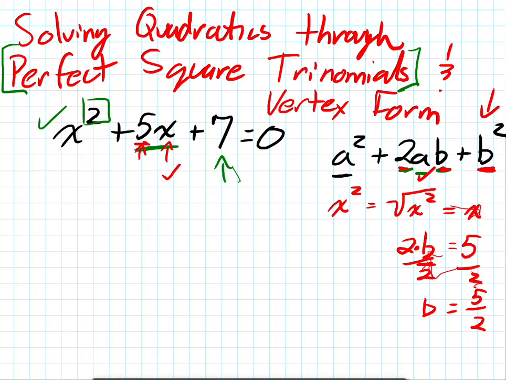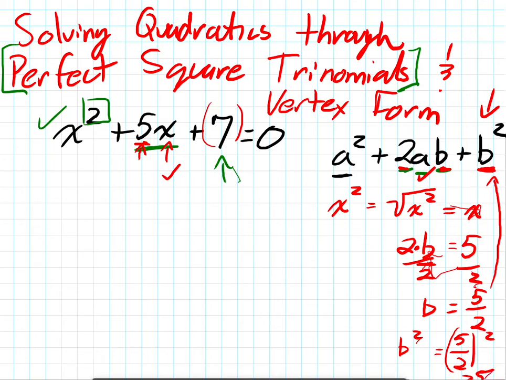And then to find out what this actual final value has to be, so this is one that's dealing with fractions. It's a little more complicated. We need to figure out what 5 over 2 squared is. That's what this final term is going to be because it's technically b squared. So b squared is 5 over 2 squared. 5 over 2 squared is going to give us 25 over 4.